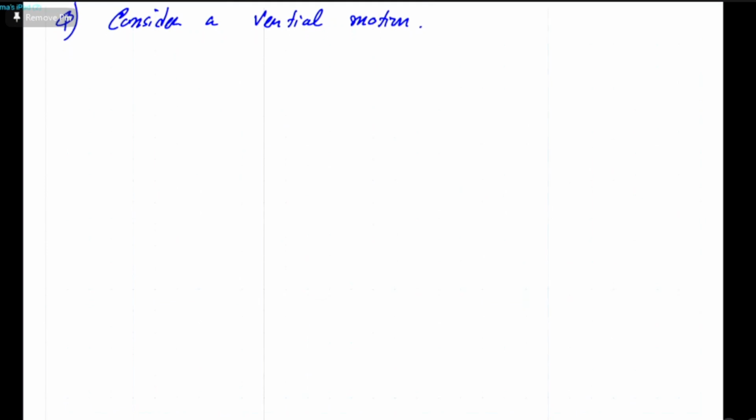Question. Consider a vertical motion. Means you are going to throw a ball up. When you throw a ball, what will happen? You are throwing from here. So this one has velocity u here. Now it's moving, right?